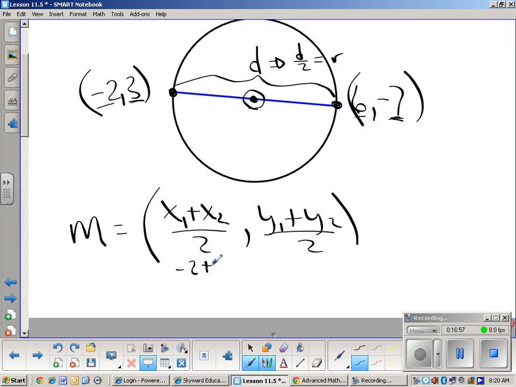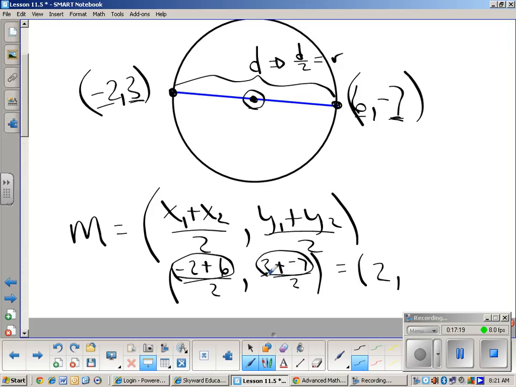No, we didn't quite do it. We found the length of it. It's -2 plus 6 over 2. And the other one's going to be 3 plus -7 over 2. You agree that this is 4? 4 divided by 2 is 2? Yeah. And this is -4 divided by 2 is -2. So my center is 2, -2.